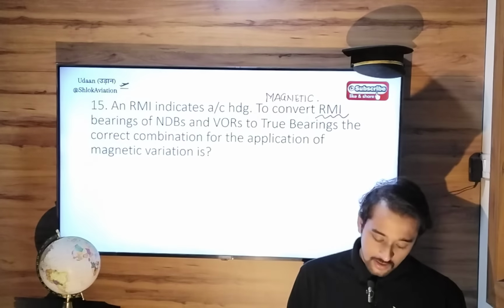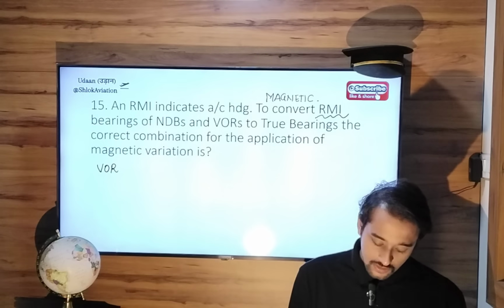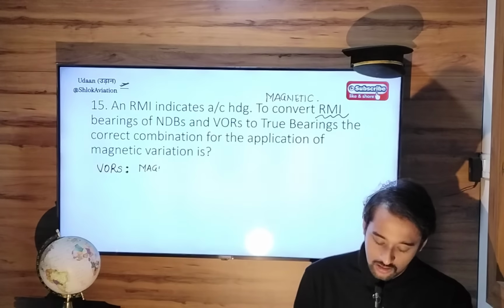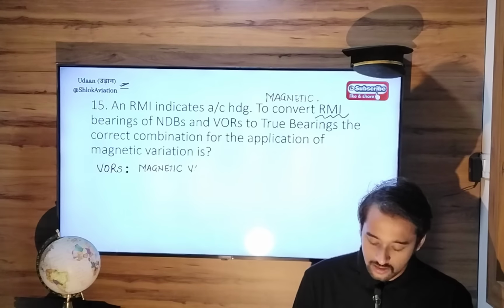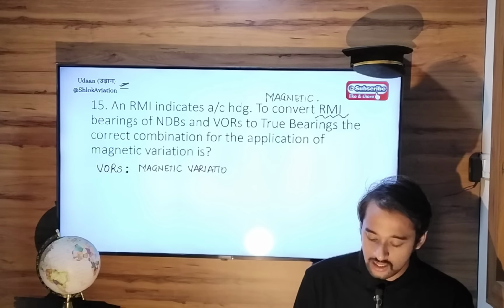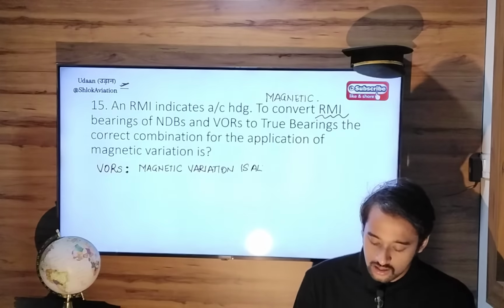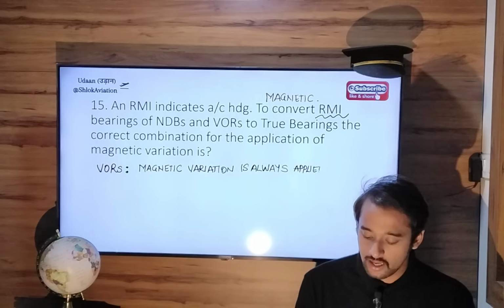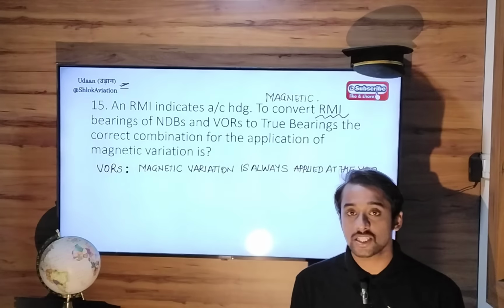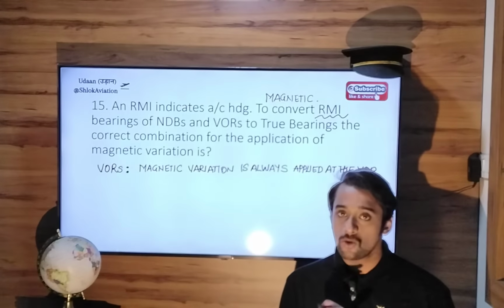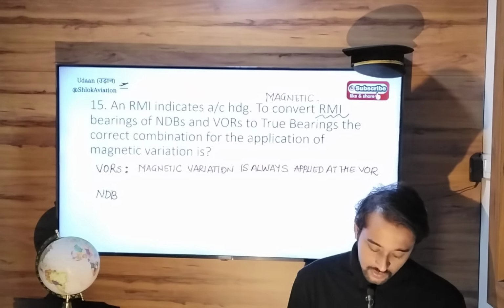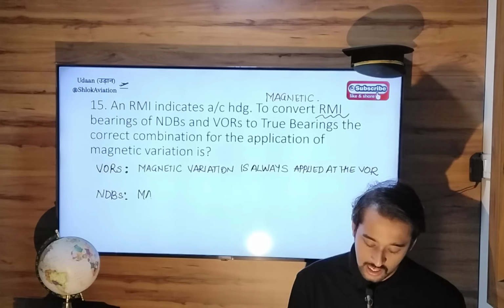So always remember, when dealing with VORs, magnetic variation is always applied at the VOR station. Whatever the variation where the VOR is located, you will use that variation to calculate the sum.